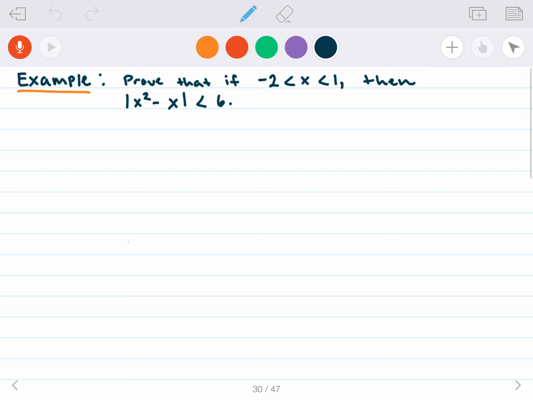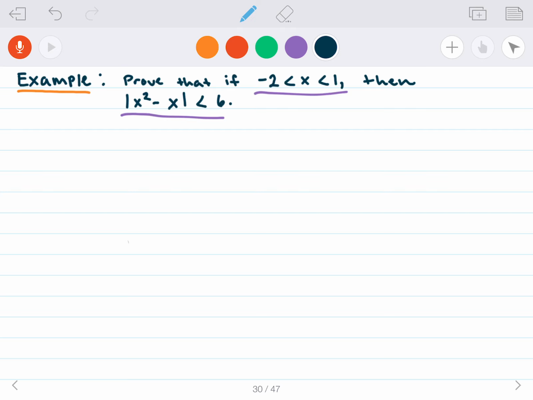And so let's go ahead and use this thing. Now, what do we have here? We're told that x is between -2 and 1, strictly. And we want to show that this implies that the absolute value of x squared minus x is less than 6. We're going to make use of the triangle inequality here.